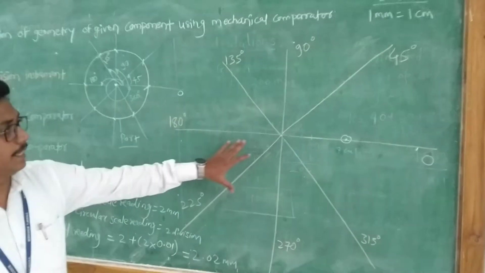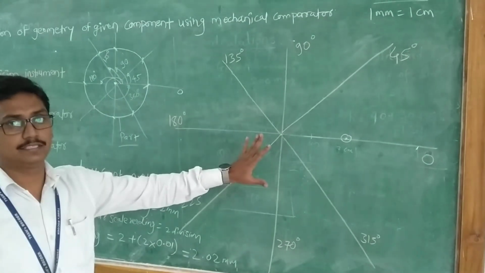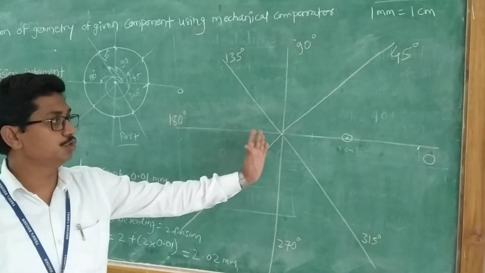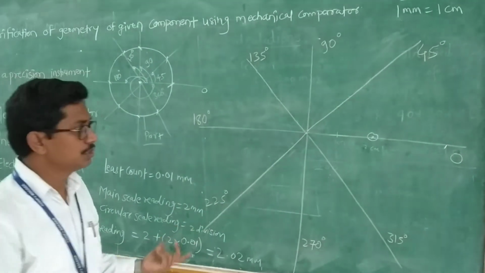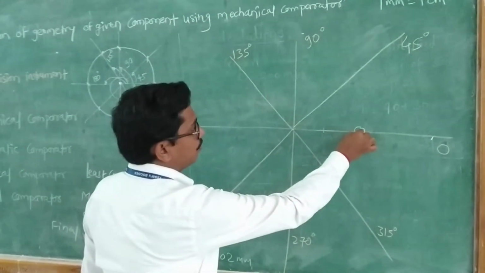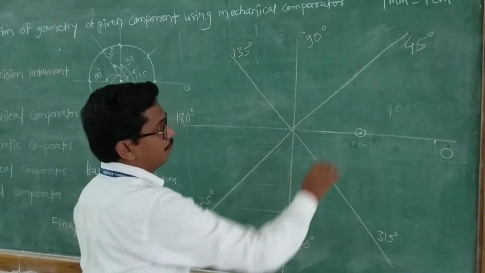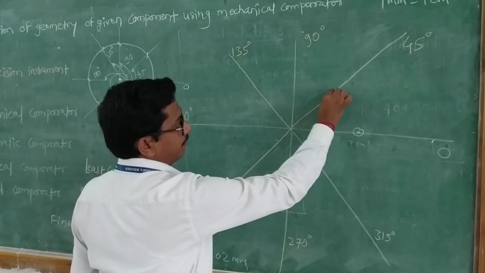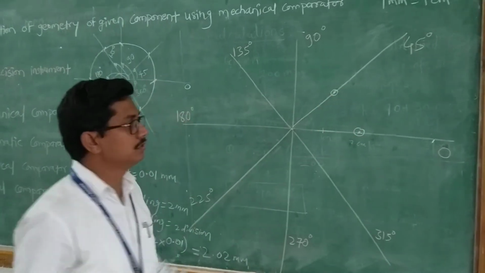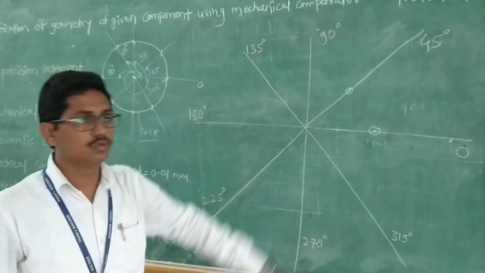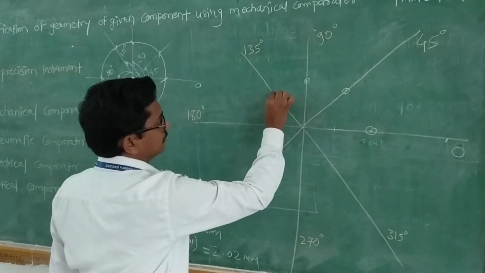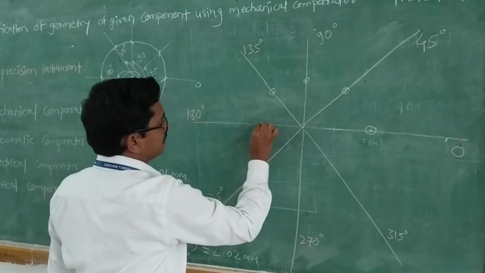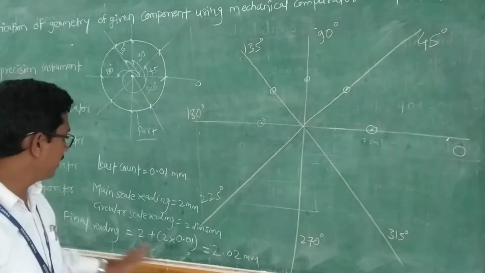If you saw the demonstration, the variation was very small, varying from 0 to 2 mm only. So the calculations for all the readings will come around 1.5 to 2 mm. You can plot all the points after calculation, and you can calculate every point by using this method.